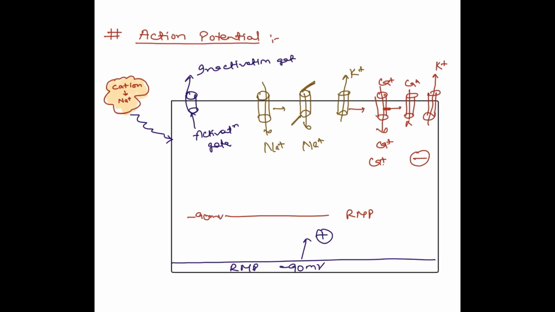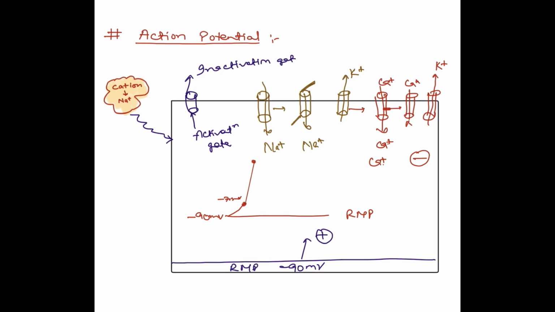When the impulse or cation comes, it stimulates the resting membrane potential to minus 70 millivolt, due to the inside positivity of the cell from the sodium ions. Then, due to the potassium efflux, it reaches the maximum depolarization.